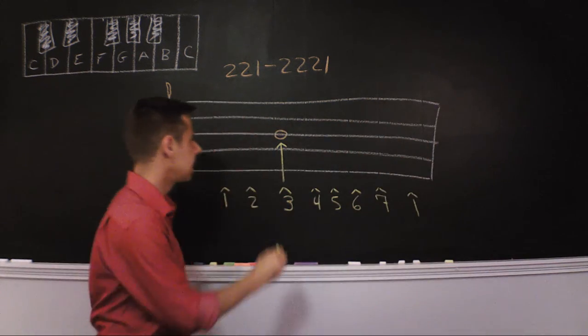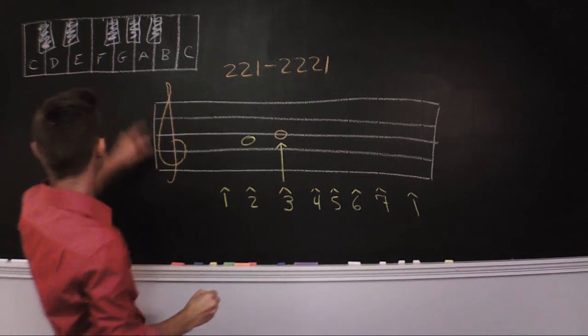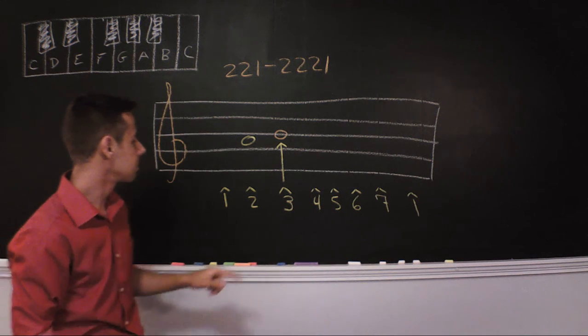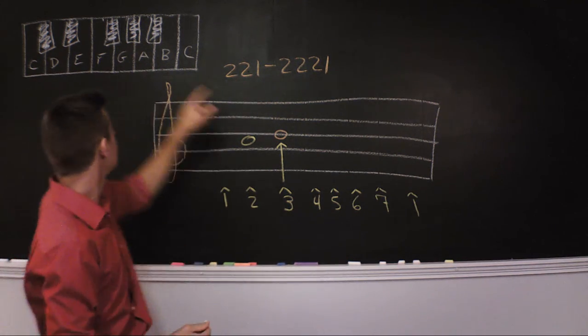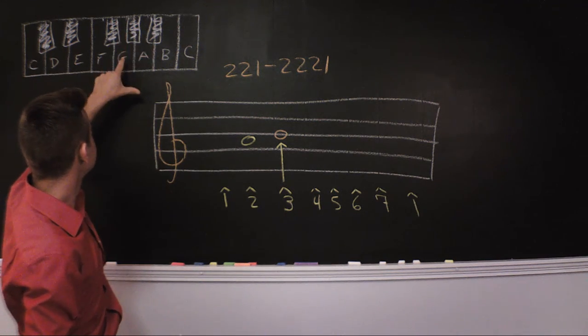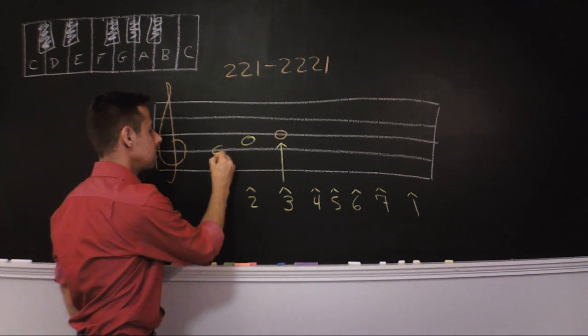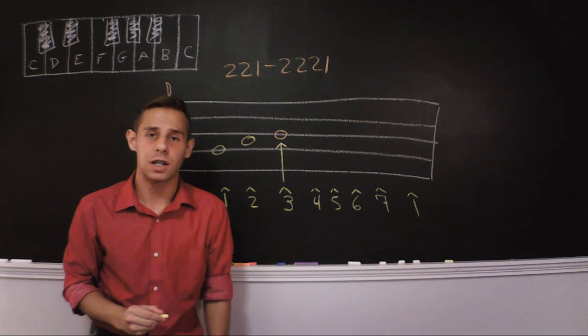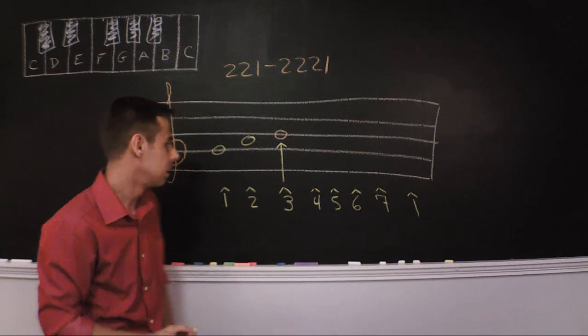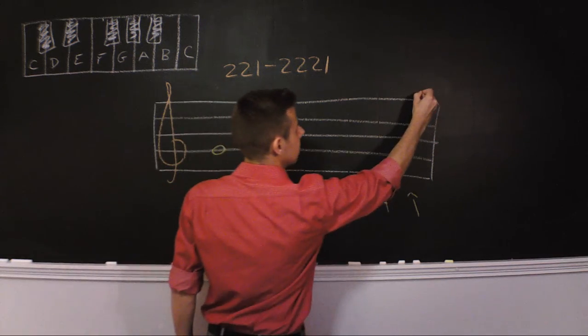Whole step down from B is A, right? B down to A. Now, a whole step down from A is what? Well, A, 2 half steps, G. So degree 1 is G. That means we are constructing a G major scale. So we can also put G over here.